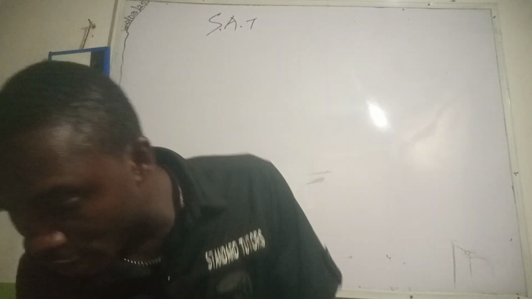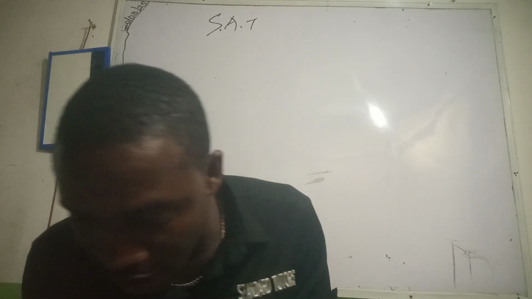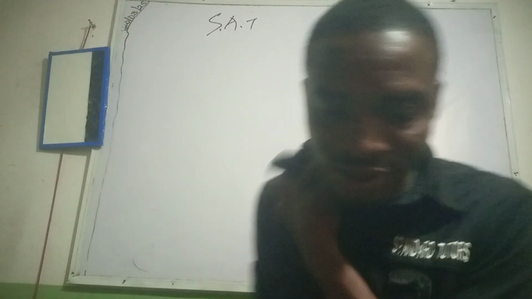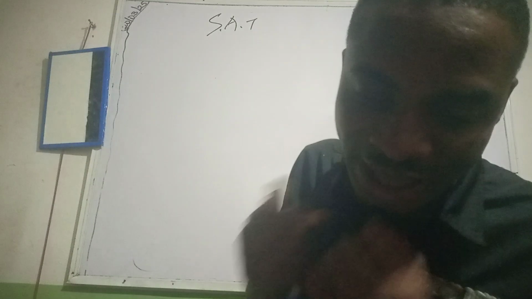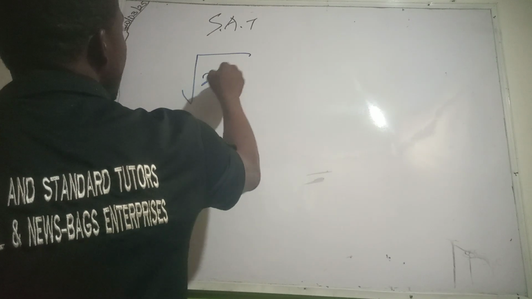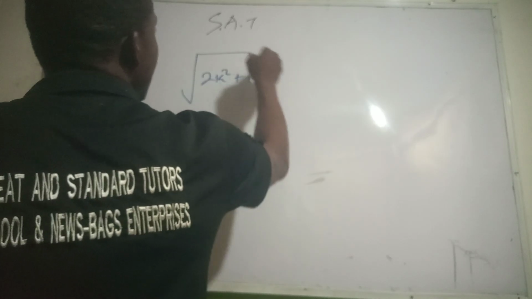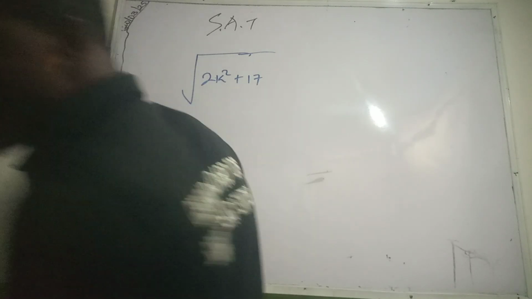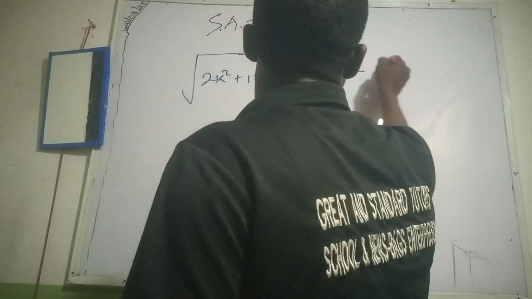So the next number says, let's have it. What we just finished is under advanced maths. We are given the square root of 2k squared plus 17, all under root, minus x equal to 0.